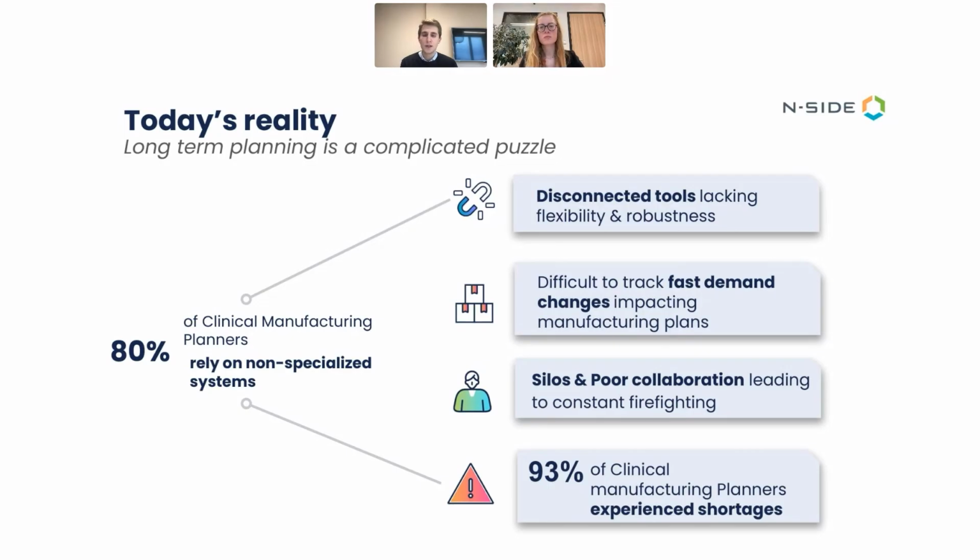This usually leads to constant firefighting. So out of our experience, 93% of clinical manufacturing planners experience shortages. And I hope you're the lucky 7% here, but statistics are not going in your favor today.